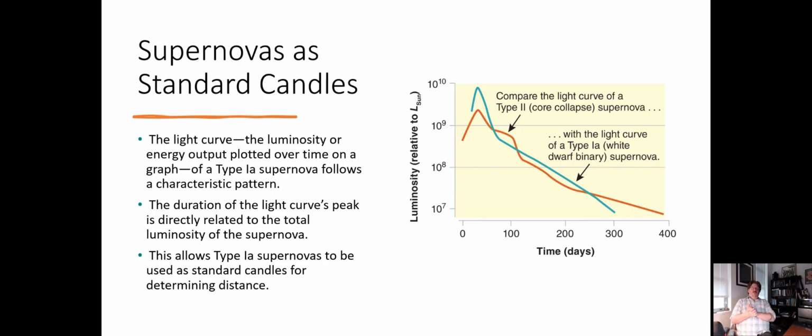So, if we go back to talking about light, we know that luminosity is an intrinsic property, whereas brightness is a relational property. The brightness of an object is proportional to the intrinsic luminosity, and inversely proportional to the distance squared. So, if you know what the intrinsic luminosity is, based on modeling of supernovae, and you can measure the apparent brightness, then you can get the distance.